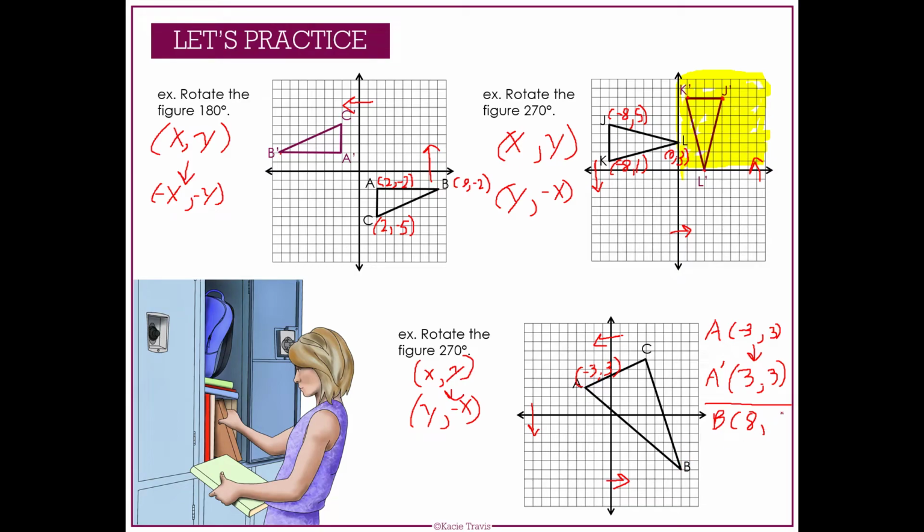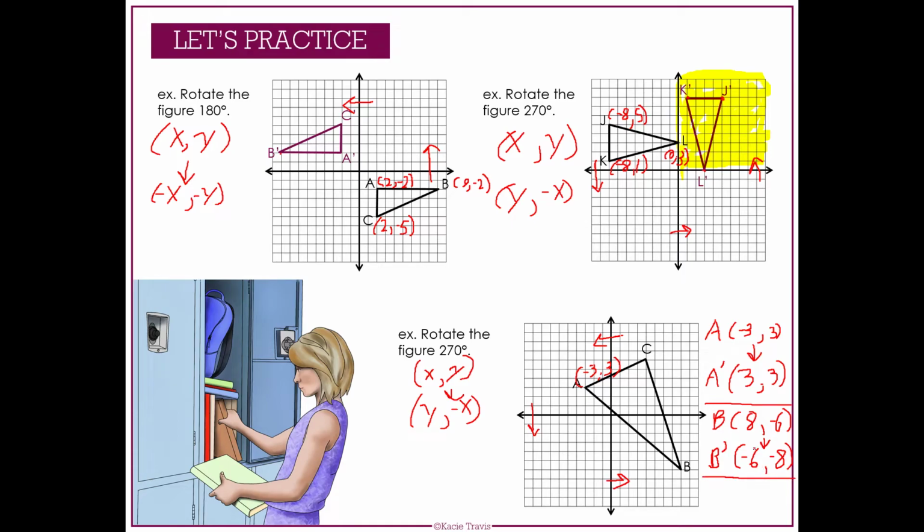So this is negative 6. So we got 8 and negative 6. Our y value and our x value are going to flip over, and our x value turns its sign into the opposite sign. So this will be negative 6, negative 8 for our B prime.